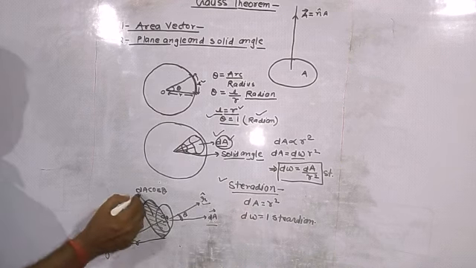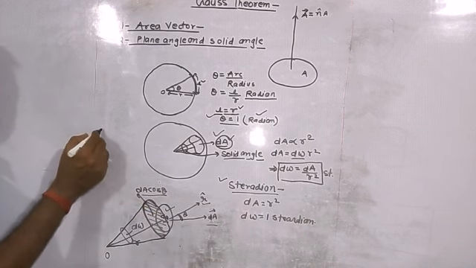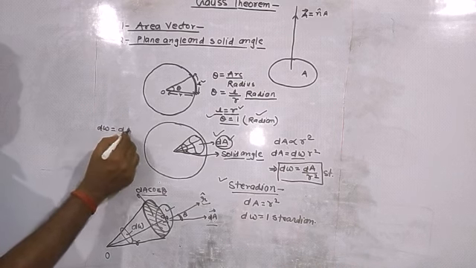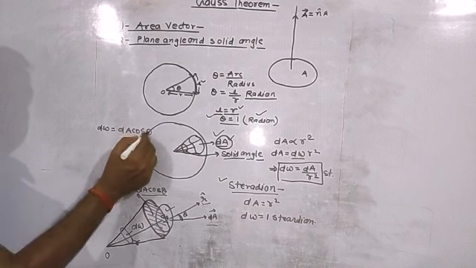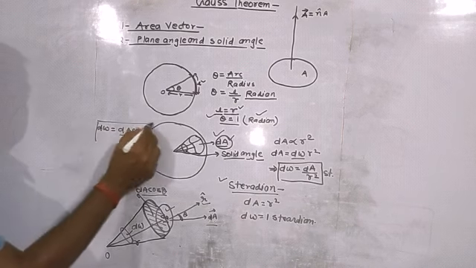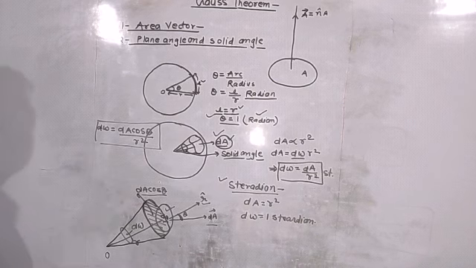Now when we take the projection of the area vector, we define d omega again: d omega is equal to dA cos theta upon r square. This is the definition of solid angle.